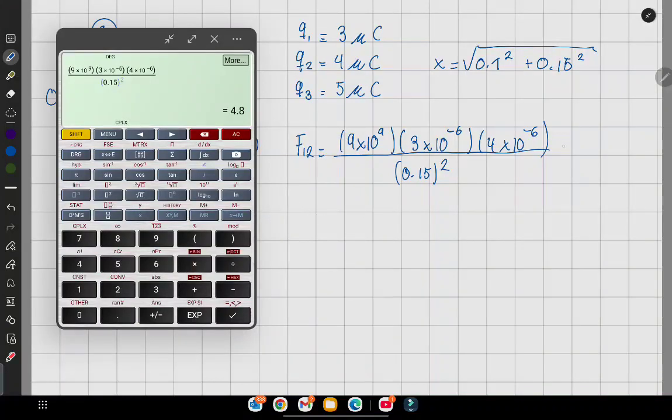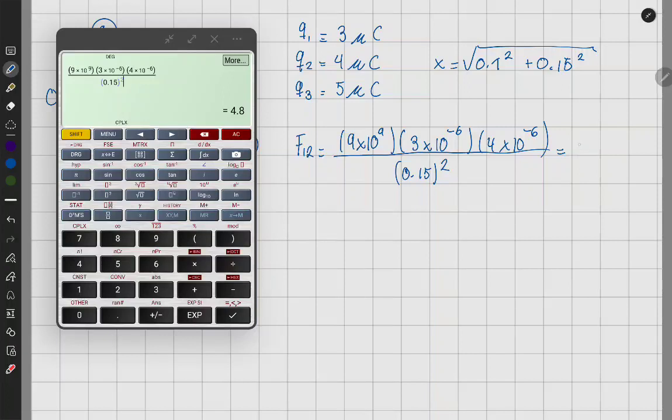So the force from 1 to the charge number 2 is 4.8 newtons.